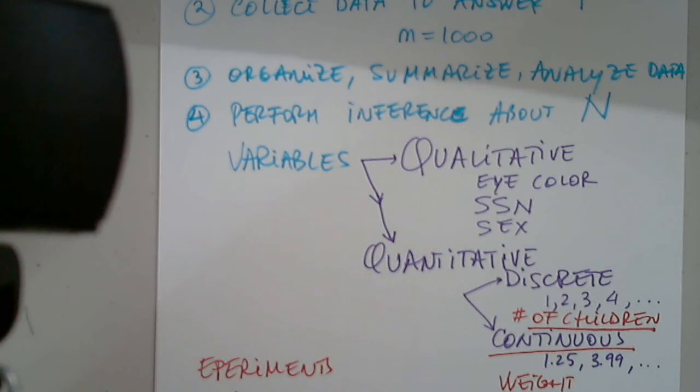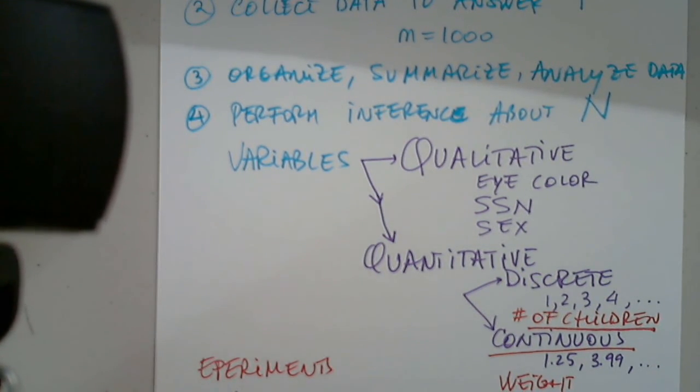If it's distance, even if I got 22 miles, it's quantitative and continuous. It just happened that I got a 22. So it's the variable that we talk about, not the numbers in the data, that determines whether it's discrete or continuous.